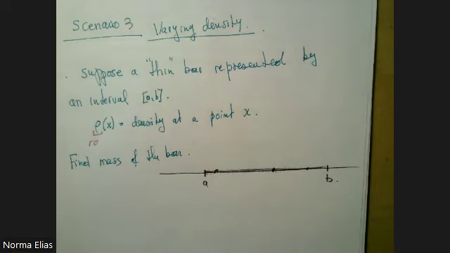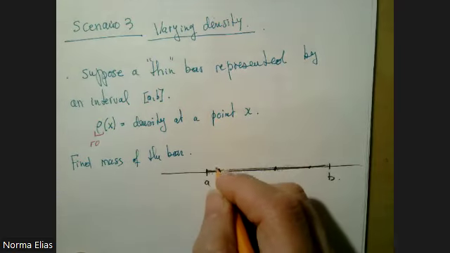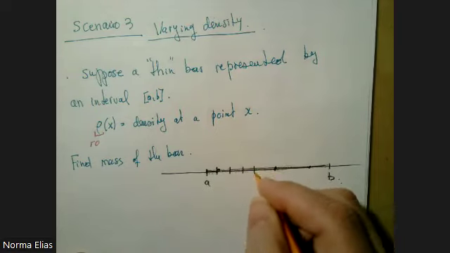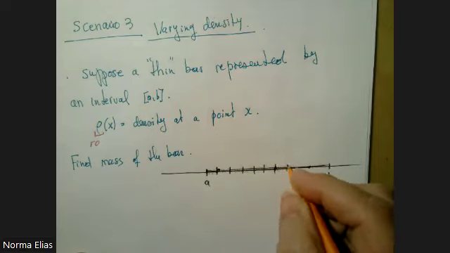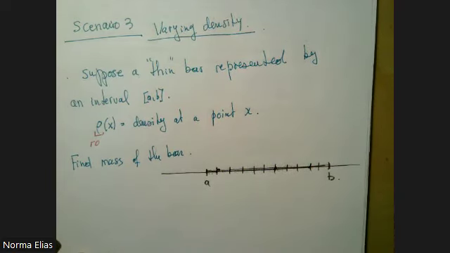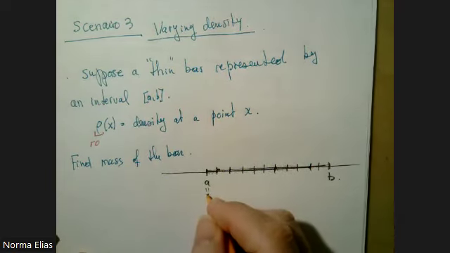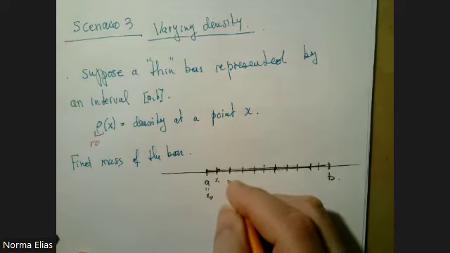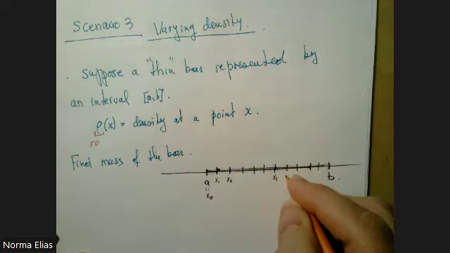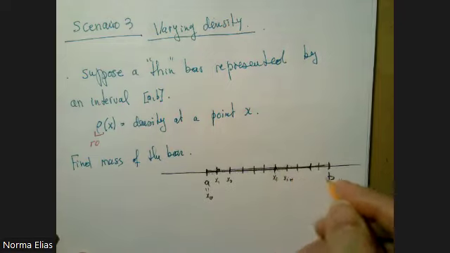Add up a bunch of little parts. Here we are. That's what we are going to do, because that's what we do in this class. We're going to take this and split it into tiny pieces. I'm going to call this x0, x1, x2, etc., a typical one xi plus 1, and so on.